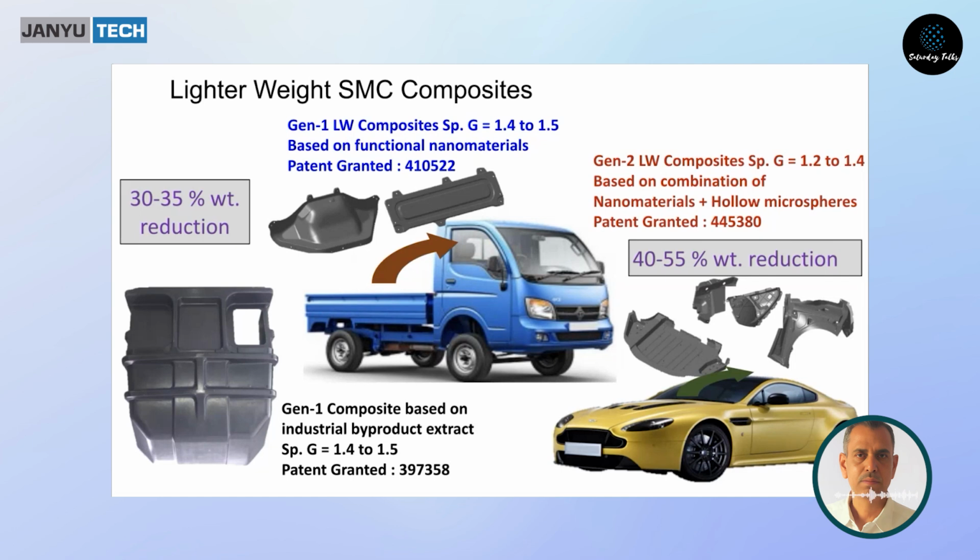So these are the products you will find: generation 1 lightweight was 1.4 to 1.5 specific gravity. Then generation 2, 1.2 to 1.4 specific gravity. Now there is generation 3 also, whereby it is below 1.2.